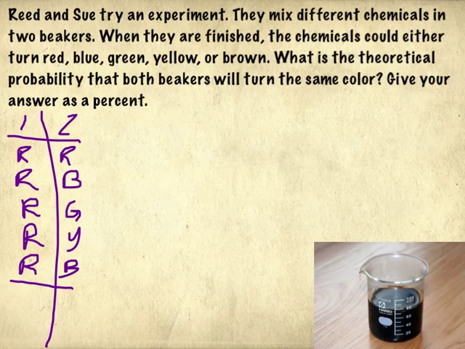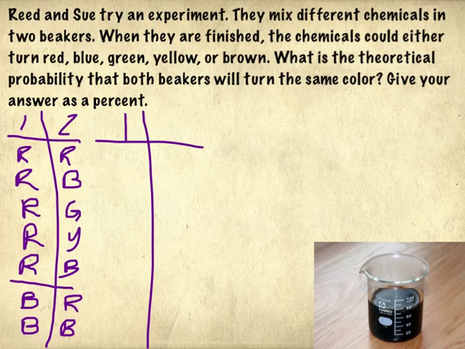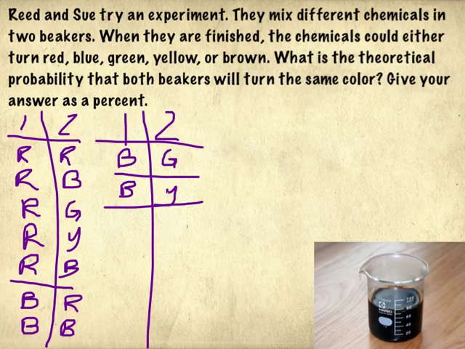If chemical 1 turns blue, chemical 2 could turn red, or it could turn blue. I need another chart. Or it could turn green, or it could turn yellow, or it could turn brown. I should put BR for brown just so I can keep track of it.